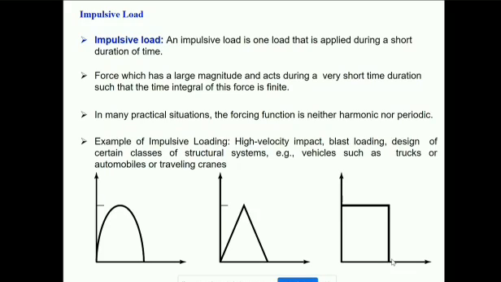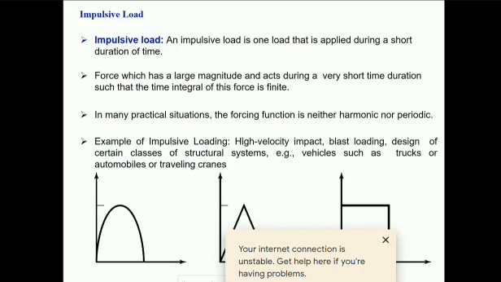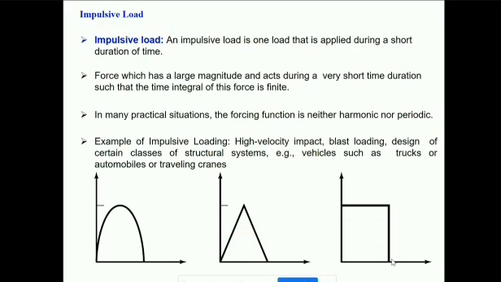Some examples of impulsive loading are high velocity impact, blast loading, and design of certain classes of structural systems, for example vehicles such as trucks or automobiles or traveling cranes. You have seen that JCBs working on the road sometimes create some kind of impulsive loading, a sudden jerk.